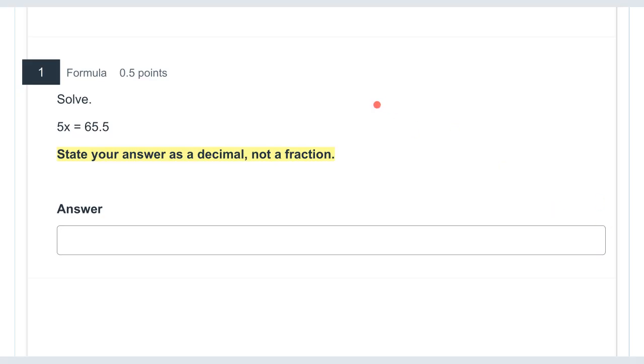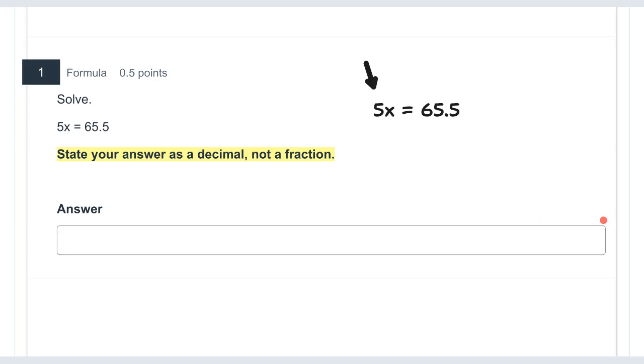So if we're looking to solve this problem here, we have 5 times x is equal to 65.5. On the left side of the equation here, we want to get the x by itself.